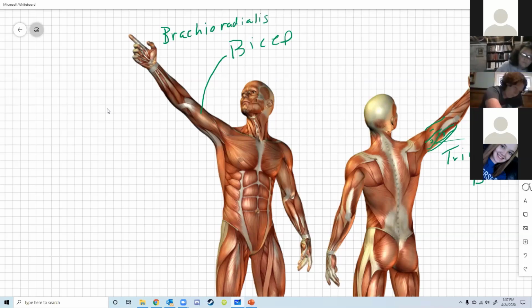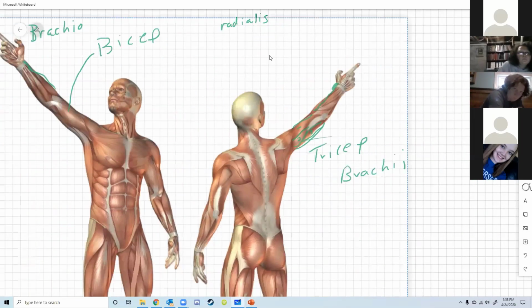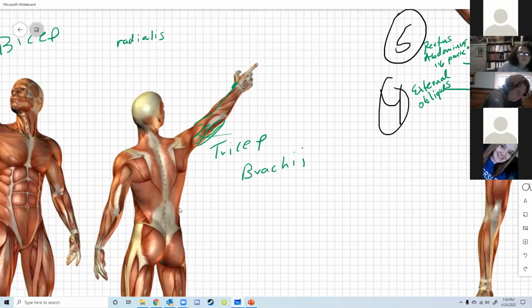And it's the one that, you see, goes over here towards your radial side. This allows you to flex your forearm. And that's 1, 2, 3.